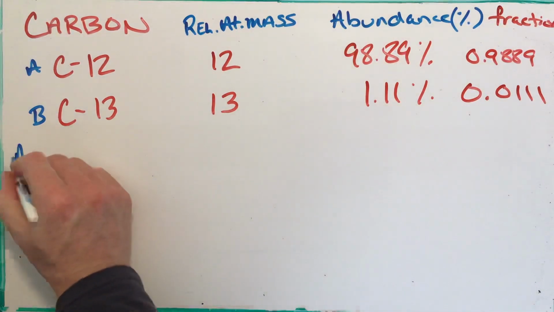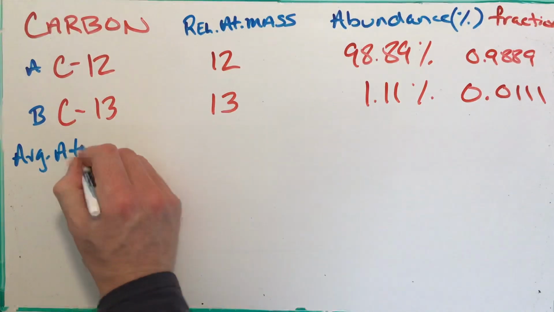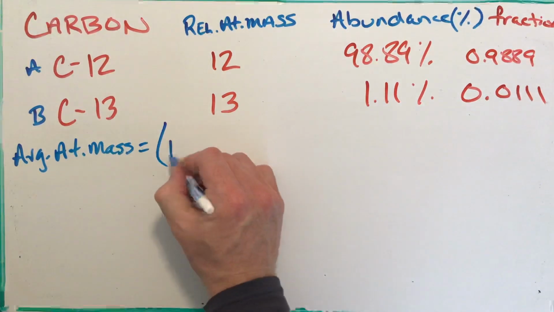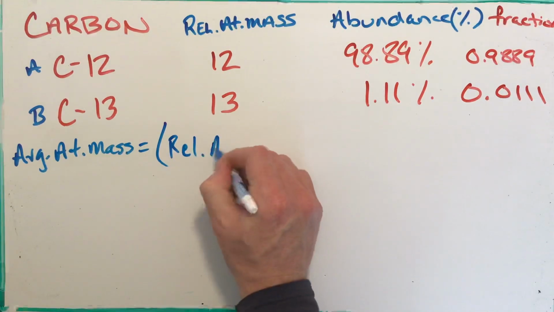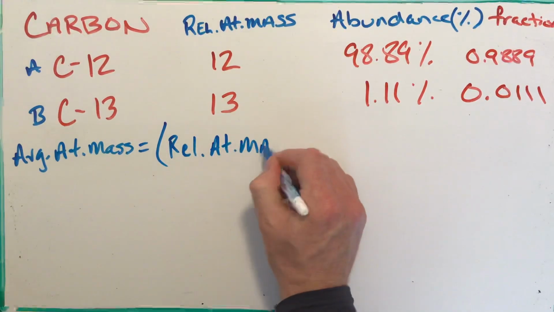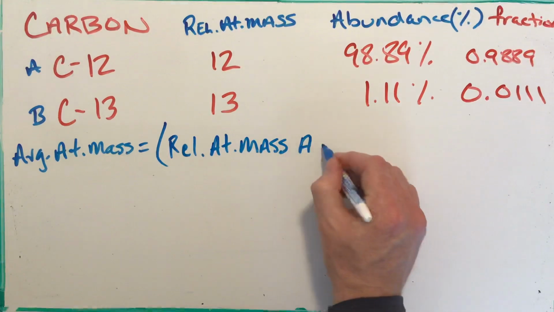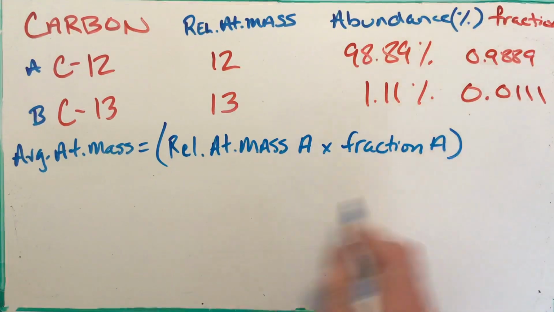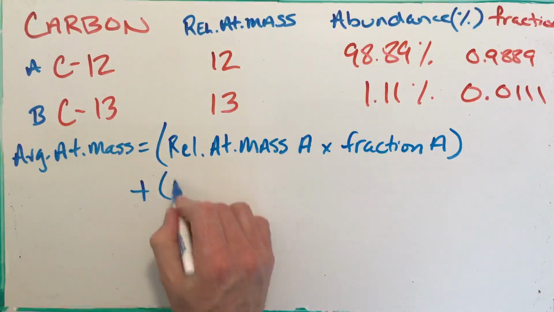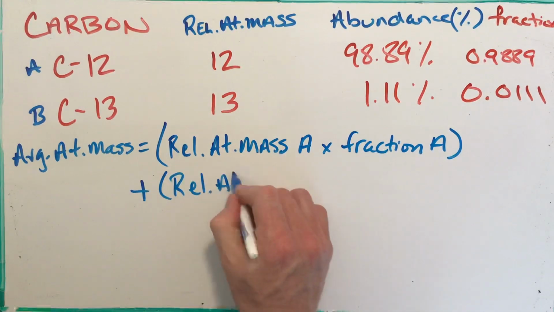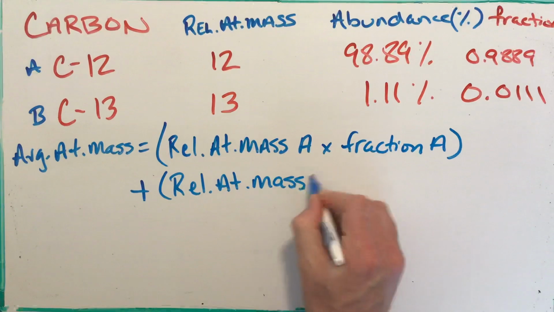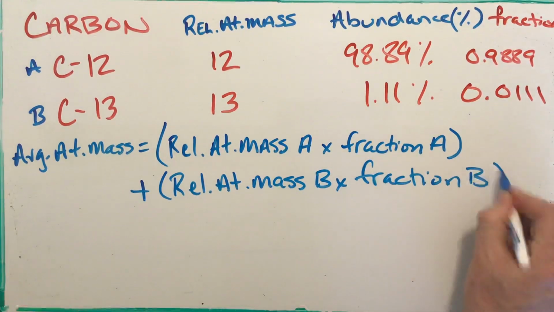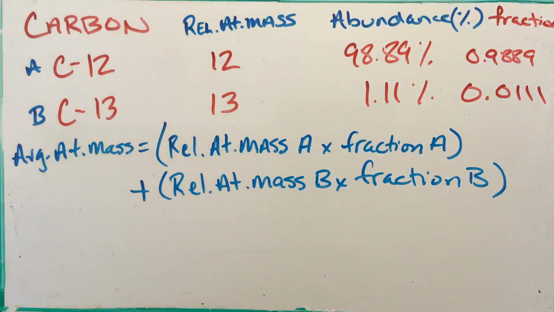So I'll do my formula. Average atomic mass equals the relative atomic mass of A times the fraction of A plus the relative atomic mass of B times the fraction of B. So I show my formula.